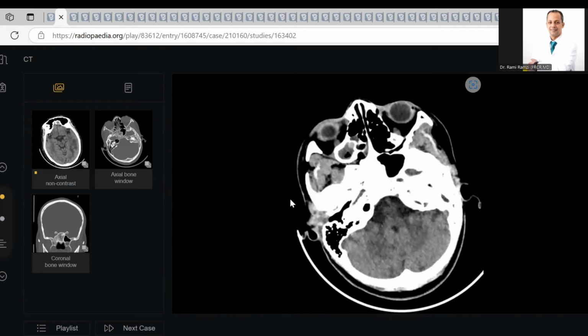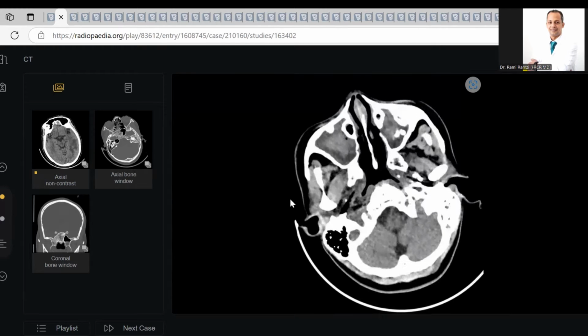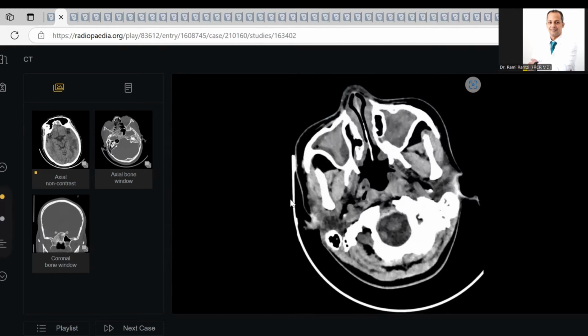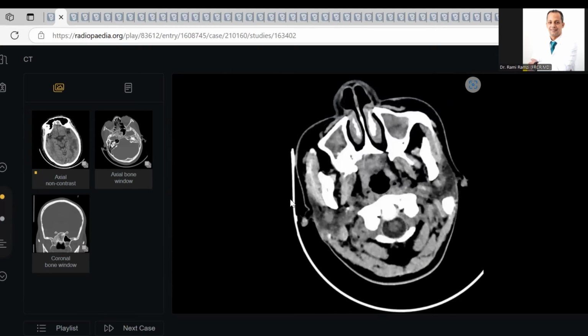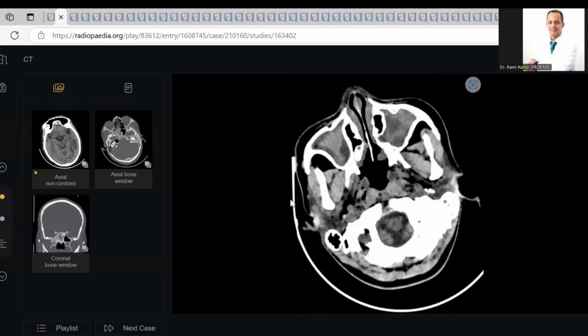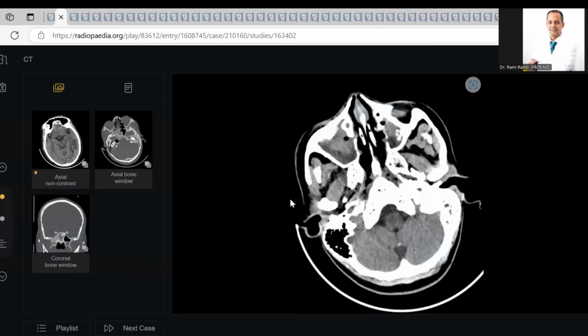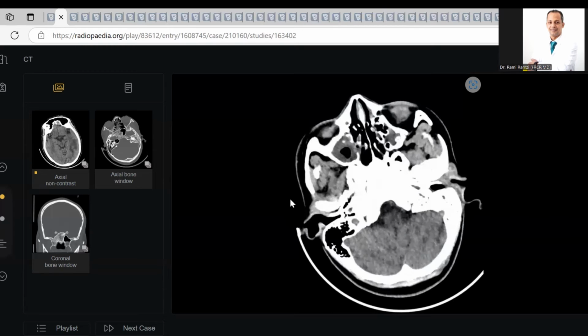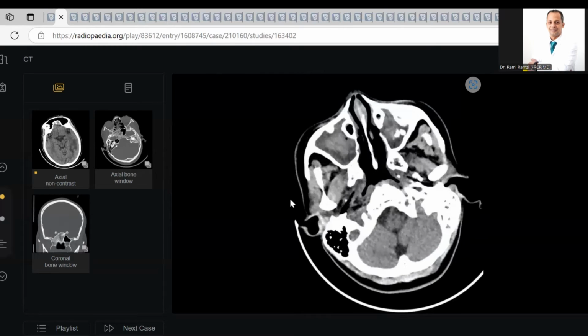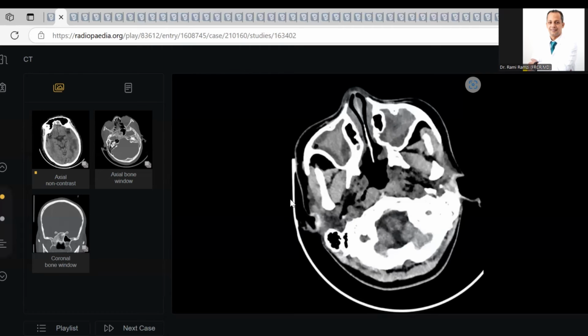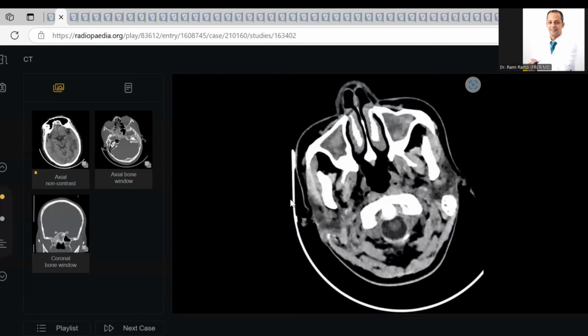There is no other abnormality noted. There is hyperdensity and soft tissue mucosal thickening also noted within the bilateral maxillary sinuses. So in this patient I am thinking of temporal lobe encephalitis. Another differential can be infarct, but least likely.